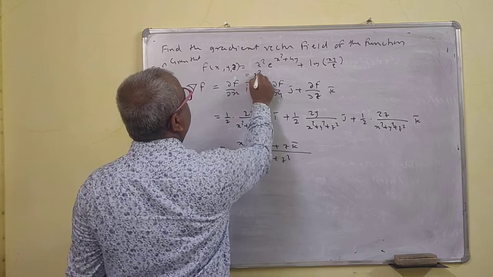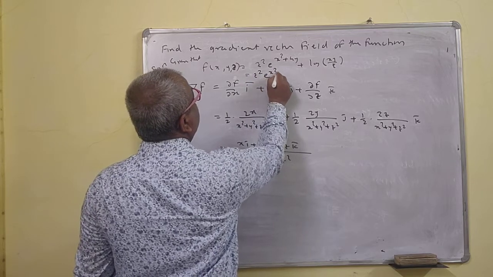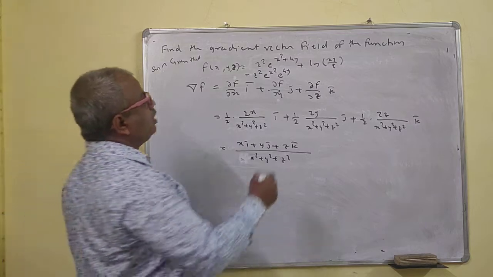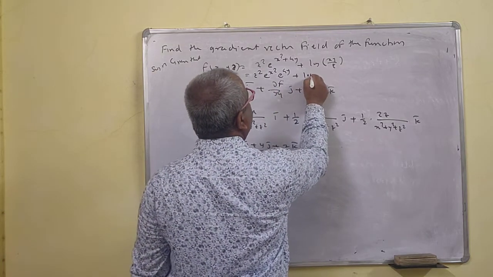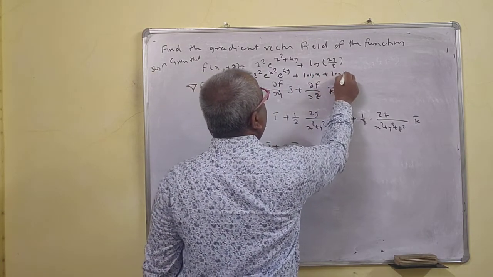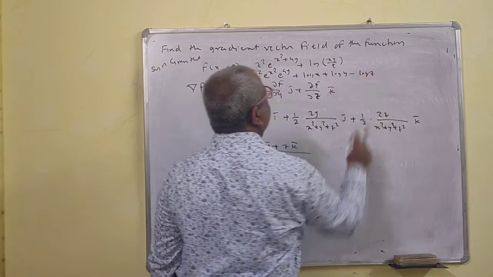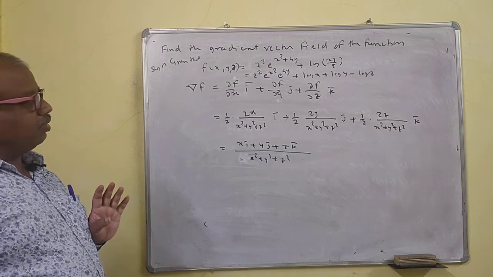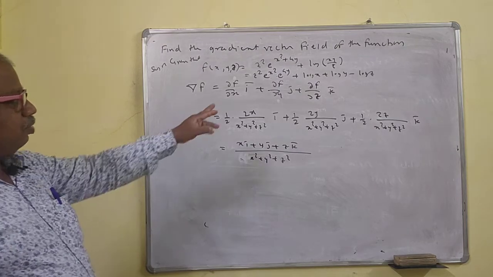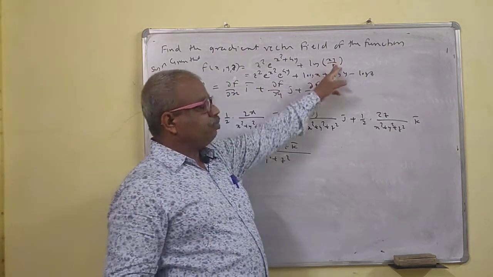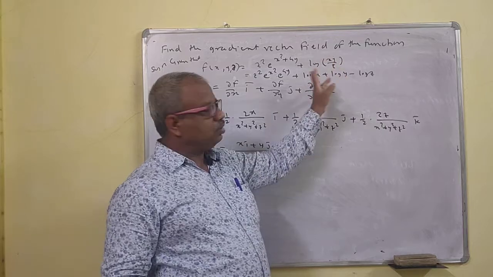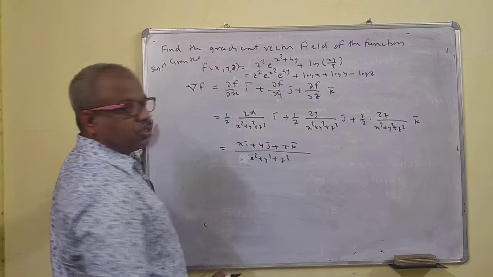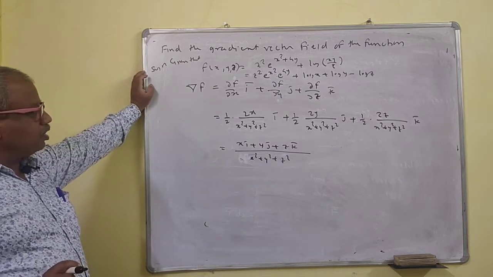This is z square e raised to x square into e raised to 4y, and the log you can simplify as log x plus log y minus log z, applying the rules of the logarithmic function. To avoid the product rule or division rule complications, we simplify this. So easily now we can differentiate with respect to x, with respect to y, with respect to z.